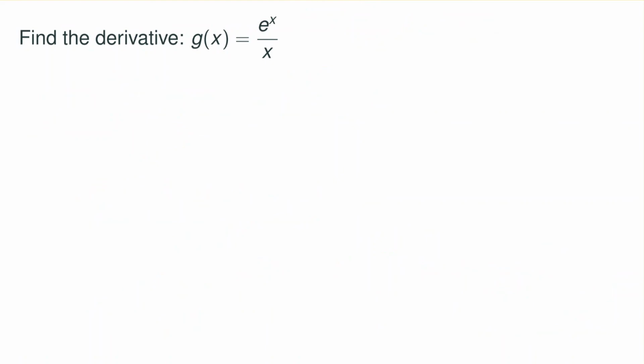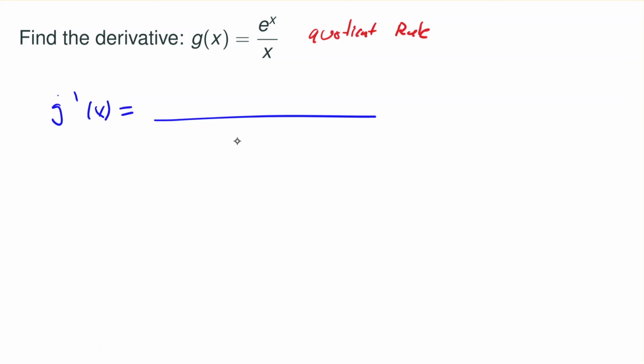Find the derivative of g of x equals e to the x over x. So we have to use the quotient rule here. It's important that you recognize that you have to use the quotient rule. So then g prime is bottom function square, derivative of top, e to the x prime, times just the bottom function from here, minus derivative of bottom function times e to the x.